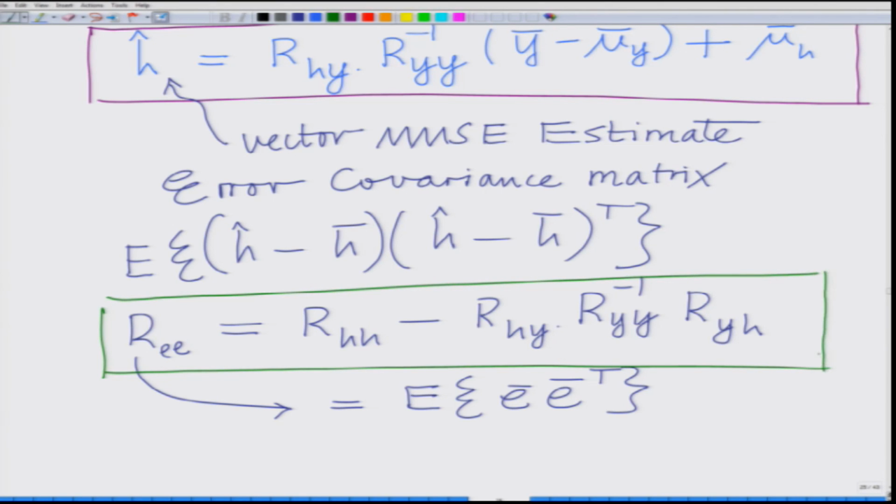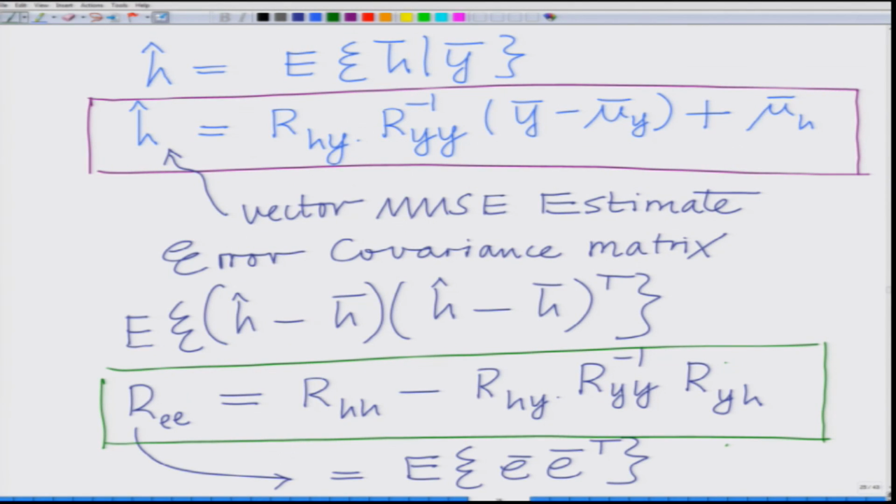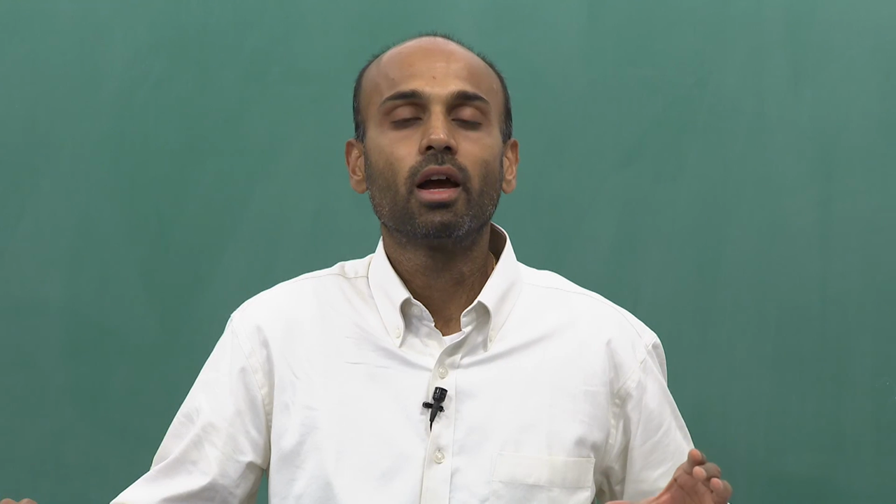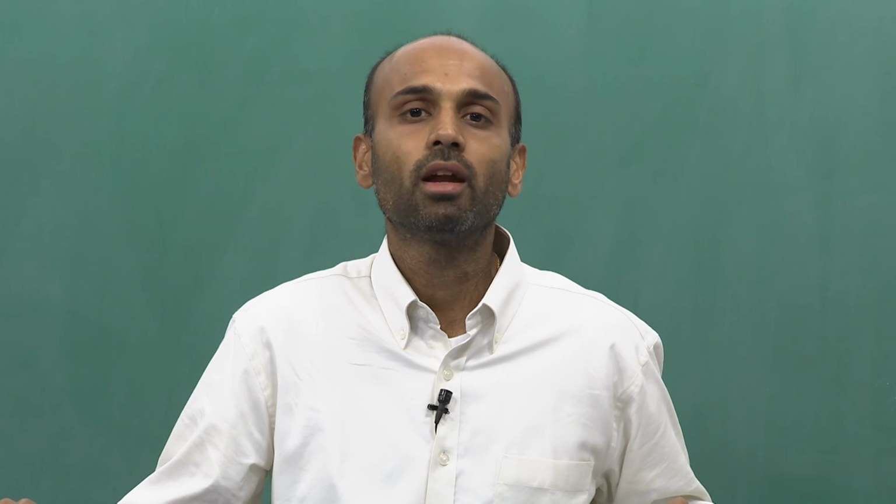That is basically your corresponding error covariance matrix for the vector scenario. Remember, this is the vector MMSE estimate, and this is the error covariance matrix for the vector scenario. We have the expressions for both of them, derived as extensions of their corresponding scalar counterparts, that is, the expressions from the scalar parameter and observation scenario.